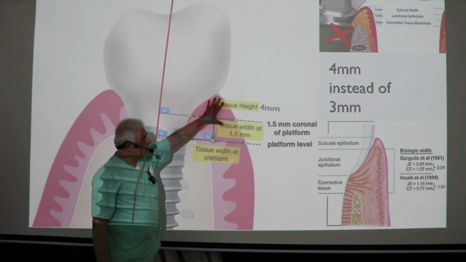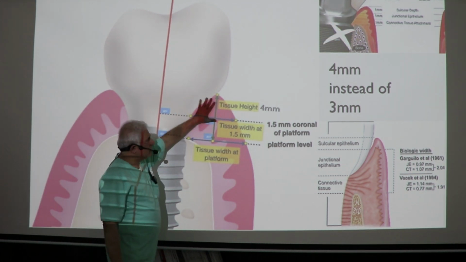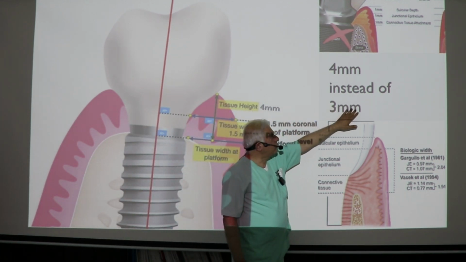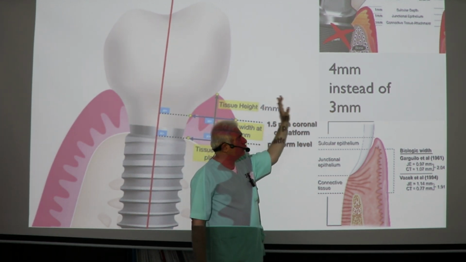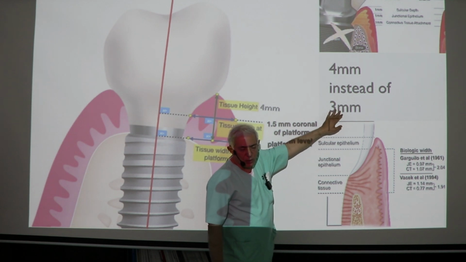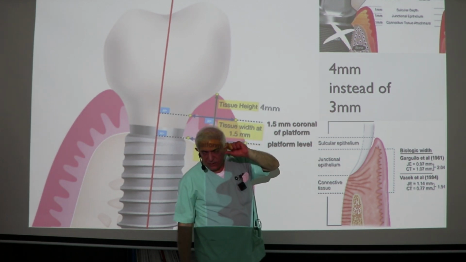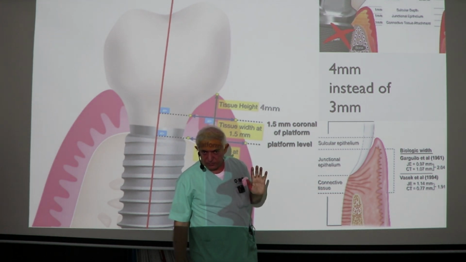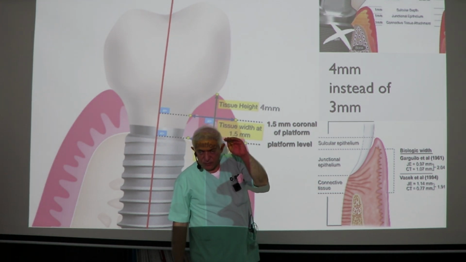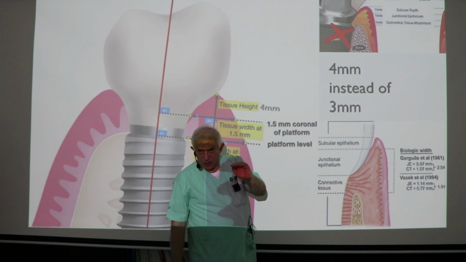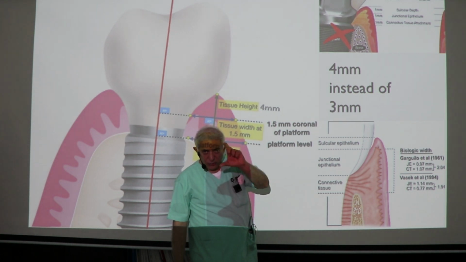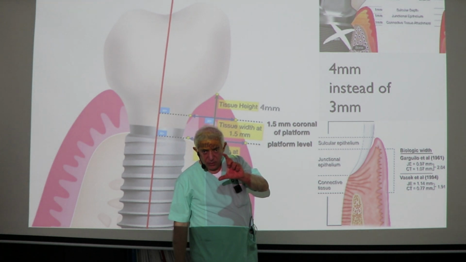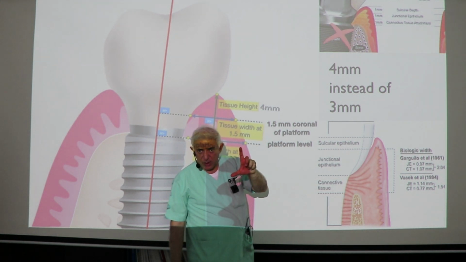Now, the reason why I'm mentioning this is you don't relate implants to when you're making a crown. In a crown, you have a 3 millimeter biologic width that you should not disturb. You can disturb the first 0.5 millimeter, up to 1 maximum. That 2 millimeter you cannot disturb because you have a 3 millimeter biologic width.